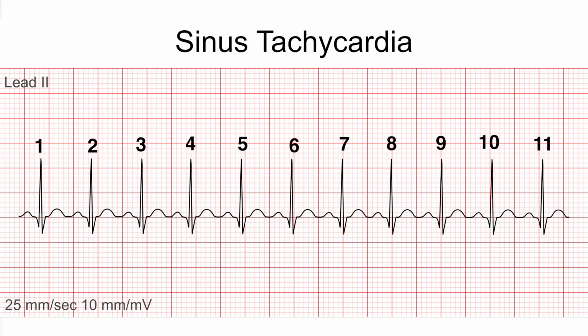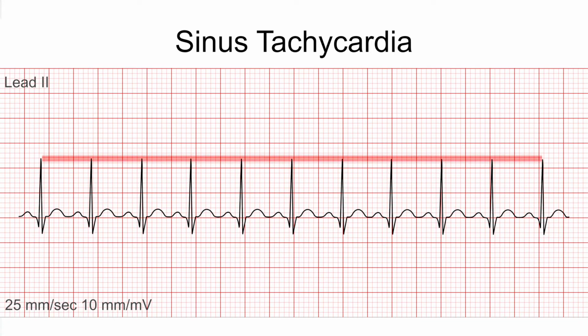If we times it by 10, because this is a 6-second strip, then we will know that that heart rate is going to be 110. So it's above 100, so we know that we are tachycardic. We know that we're sinus because the rhythm is still normal. The QRSs are marching all along the strip. That PR interval is normal. Your QRSs all look the same. Your P waves are all round and smooth.